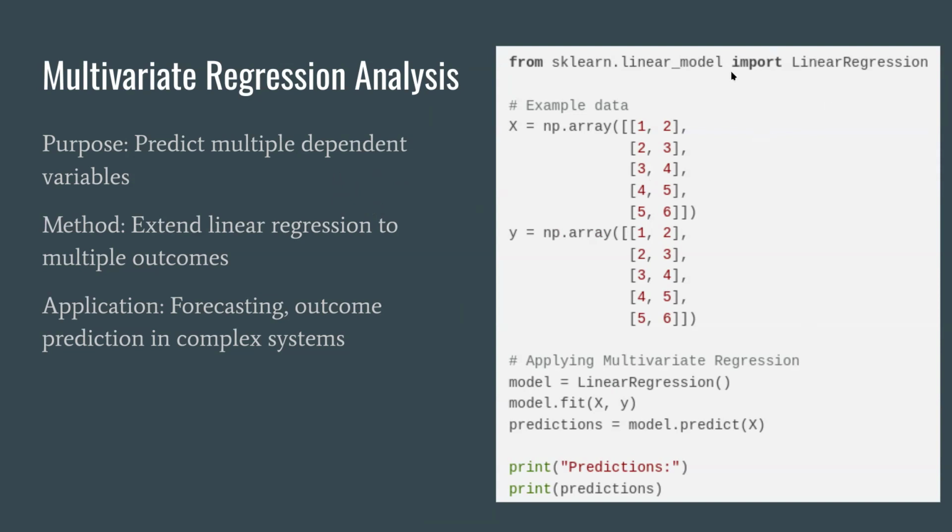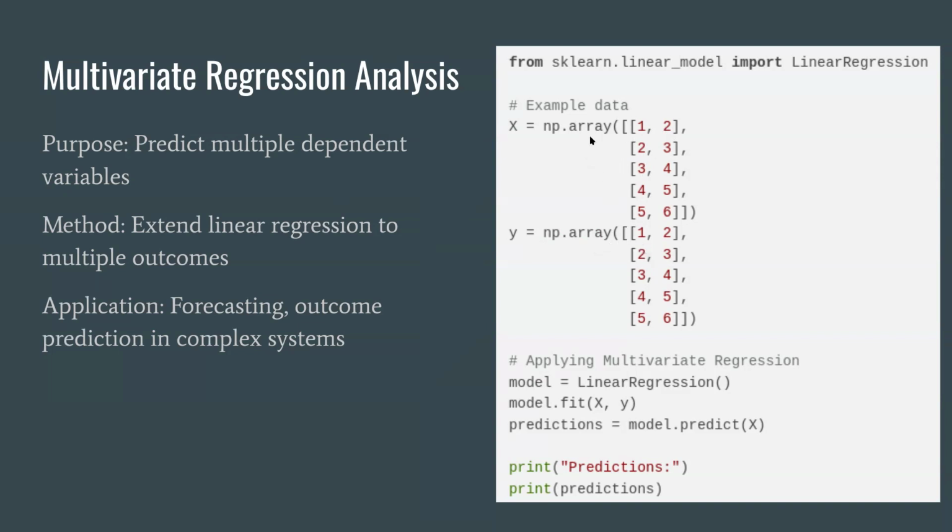If we take a look at the example, you can import the linear regression function from the scikit-learn library to perform multivariate regression analysis. So to do that, we are just going to create an example data set with multiple independent variables and multiple dependent variables.